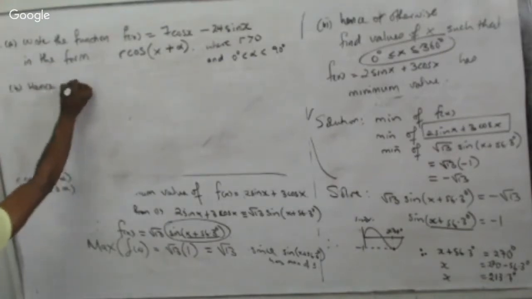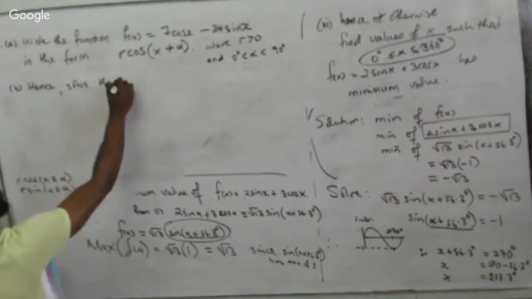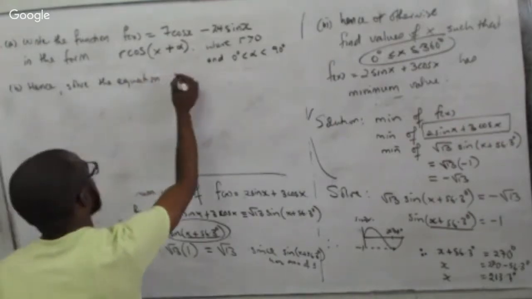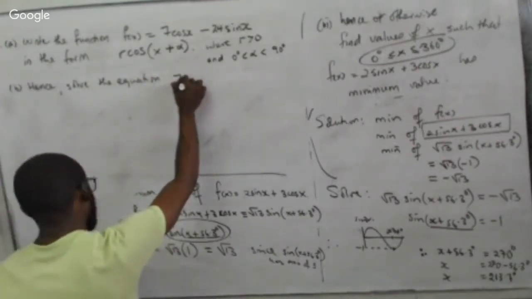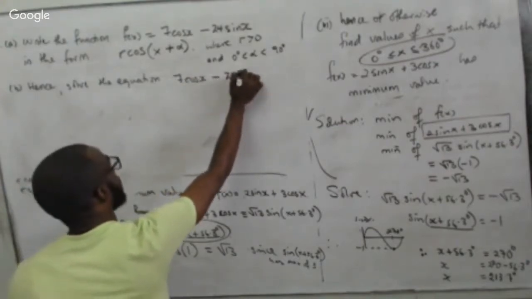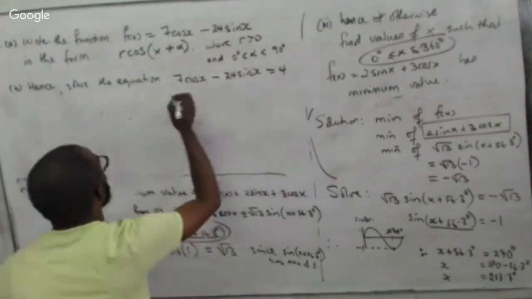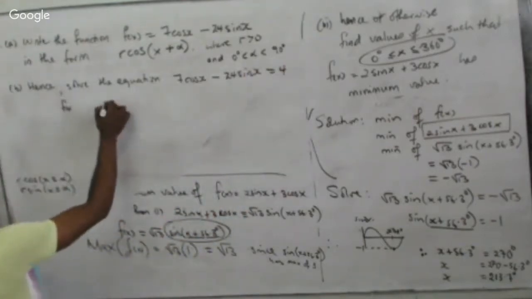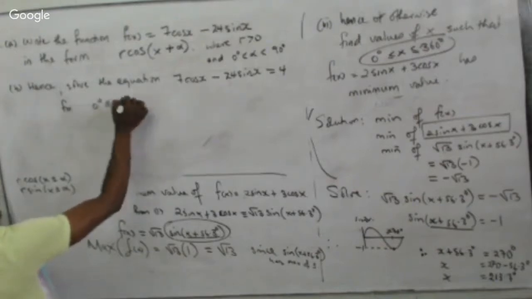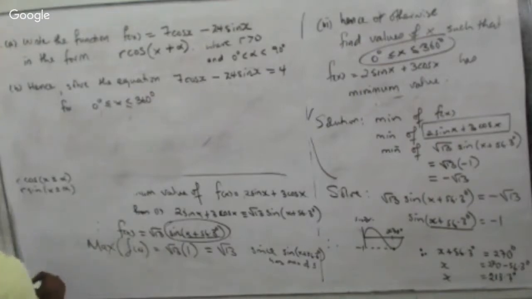Hence, solve the equation 7 cosine x minus 24 sine x equal to 4, and they're telling you that that is for x lying in the interval, including 0 and 360 degrees.